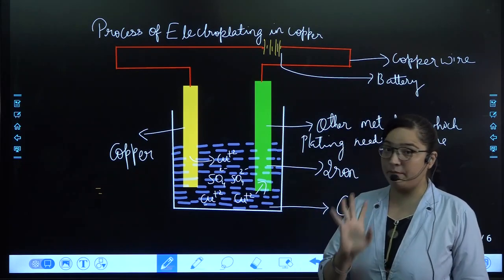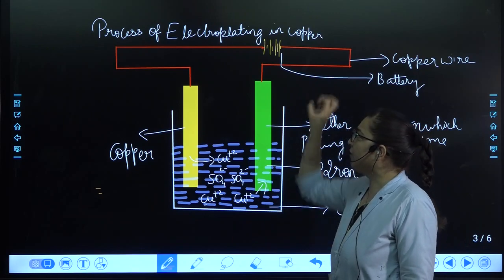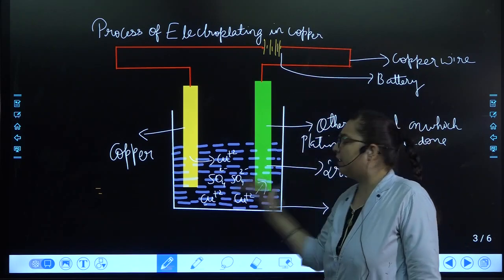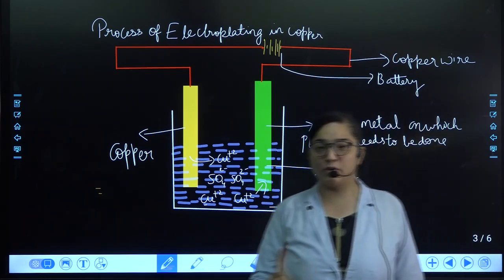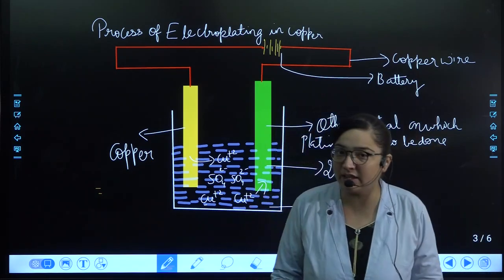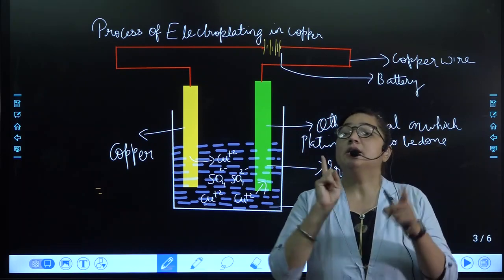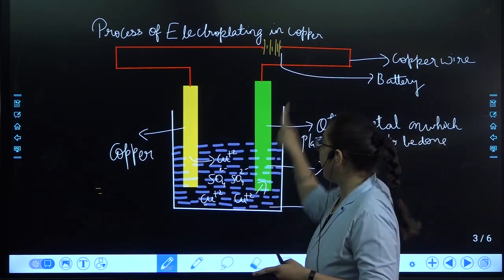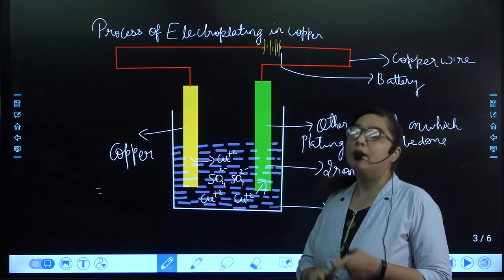Now the process is very important. Whenever you turn on the battery, the CuSO4 will get split up into Cu2+ and SO4 2- ions. These are the two ions which you get. From these two ions, Cu2+ will migrate towards the negative terminal of the battery, which is the cathode.